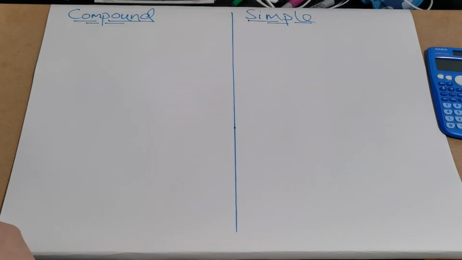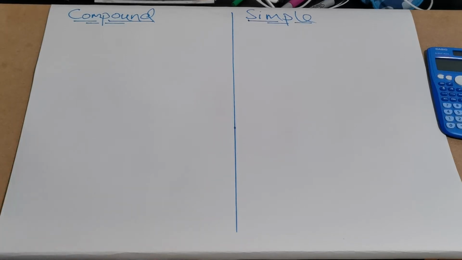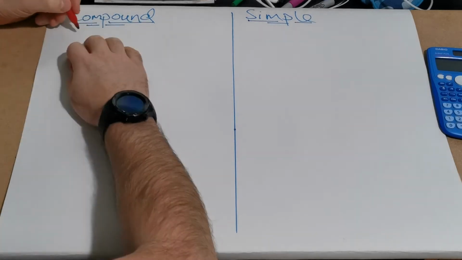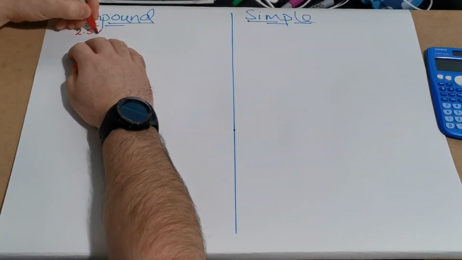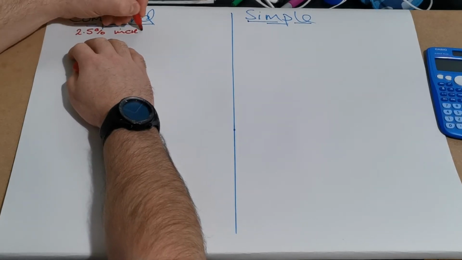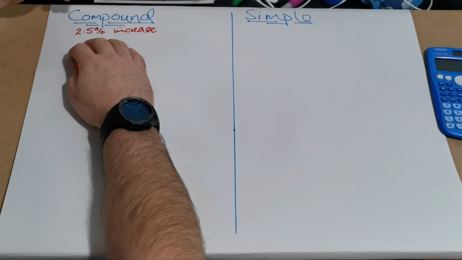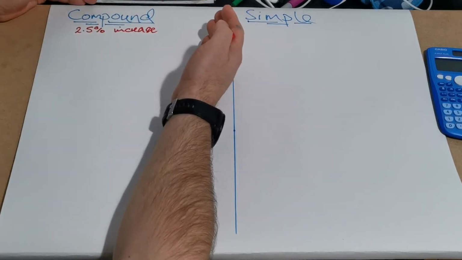We have to think about the way interest is added on and calculated. So for the compound, we're talking about a 2.5% increase. That means you're adding on 2.5% to the whole each time.